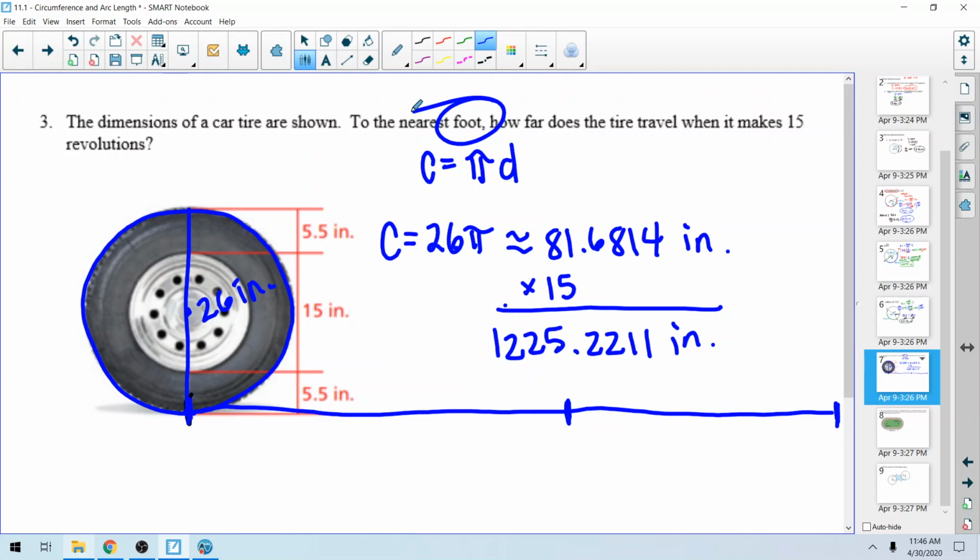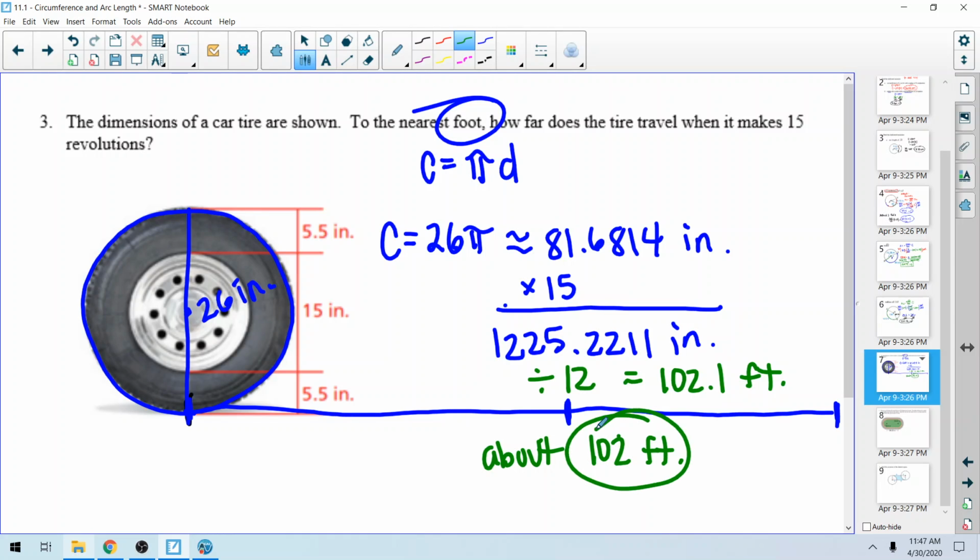So there's 12 inches in a foot, so we're going to divide that answer by 12, which gets us 102.1, but it says to the nearest foot. So if we round to the nearest foot, it's about 102 feet.